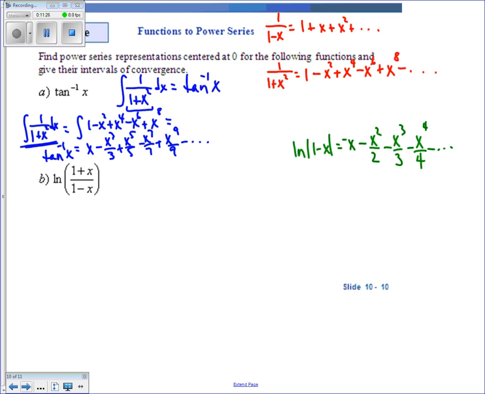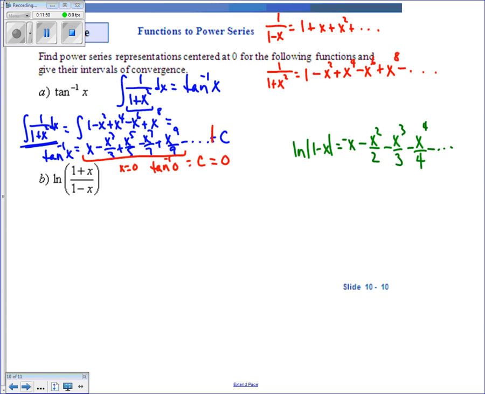Now, we integrated here, so we do have a plus c involved here. Let's see if we can find out what that plus c is. I know if I put in x equal to 0, I have inverse tangent of 0 equal, now all these terms are going to be 0, and so we should have that equal to c. Inverse tangent of 0 is equal to 0.